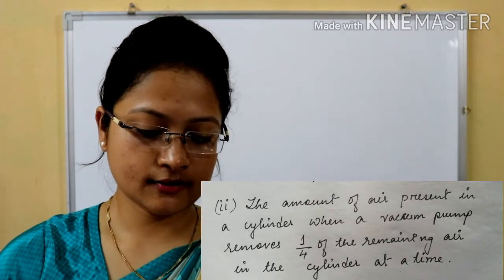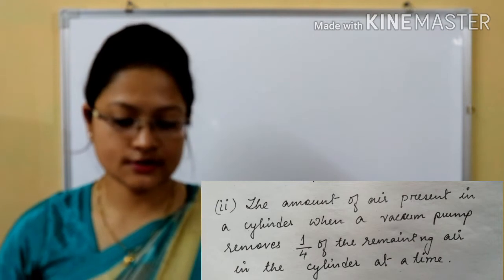Next question: the amount of air present in a cylinder when a vacuum pump removes 1/4 of the remaining air in the cylinder at a time. So how to do this?